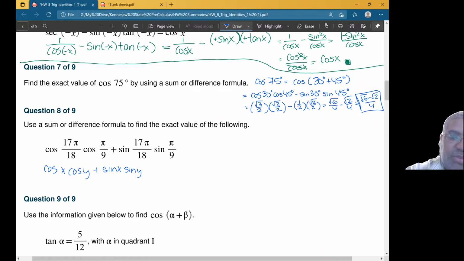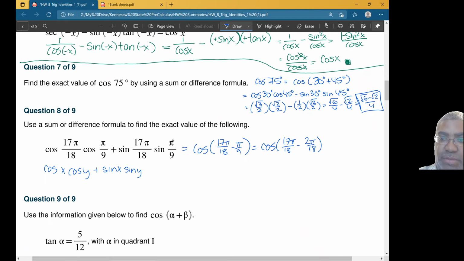So this becomes cosine of 17 pi over 18 minus pi over 9. Do a little fraction math: cosine of 17 pi over 18 minus 2 pi over 18, which becomes cosine of 15 pi over 18.